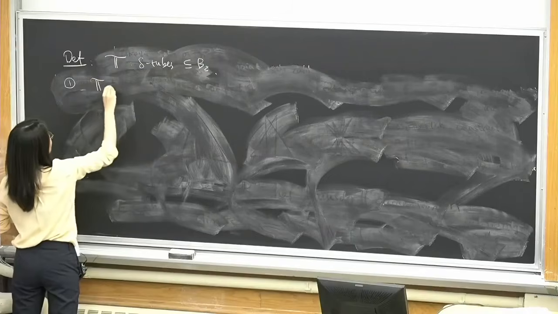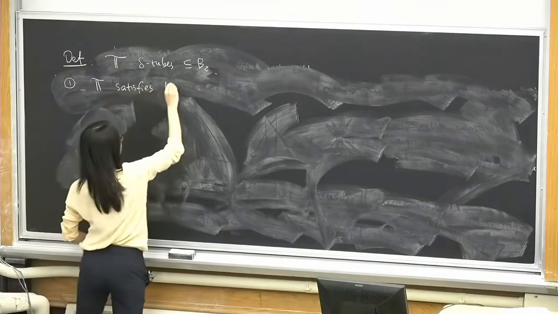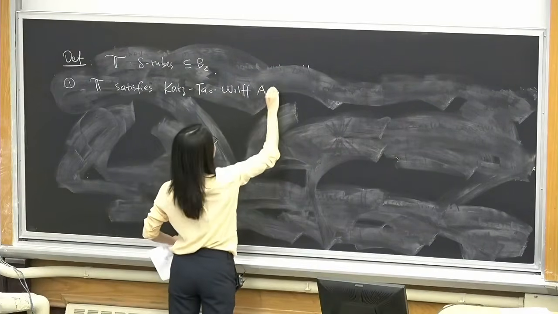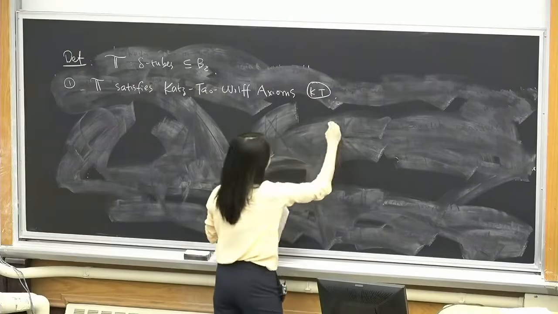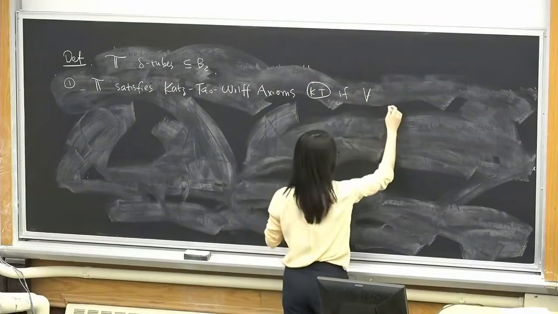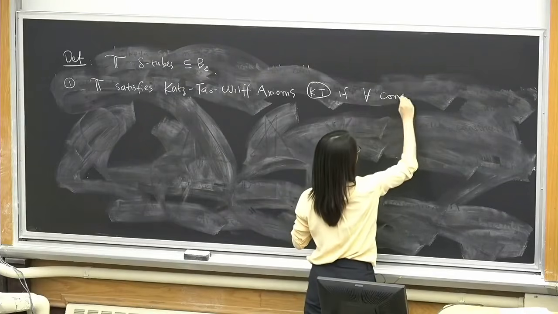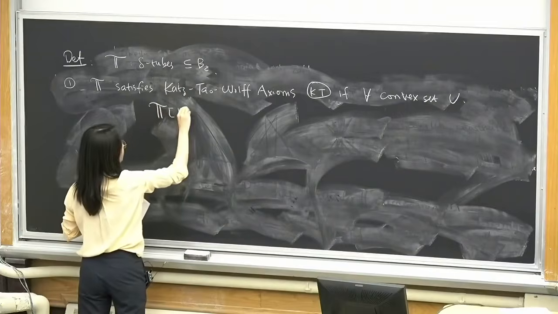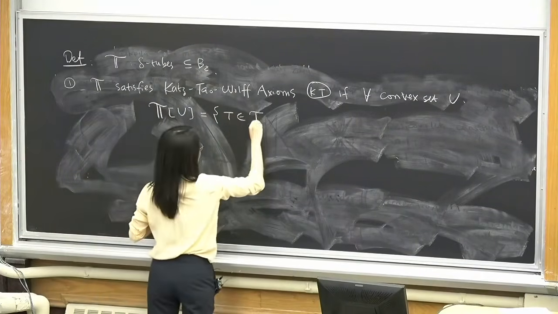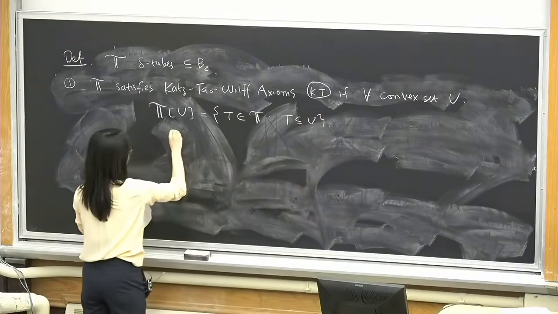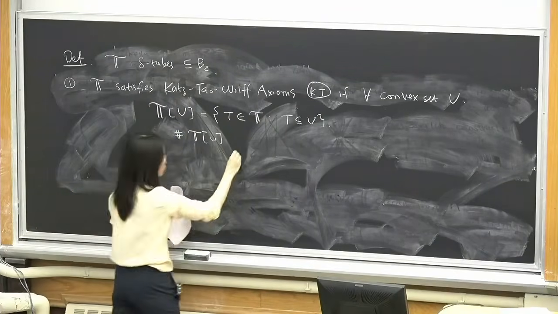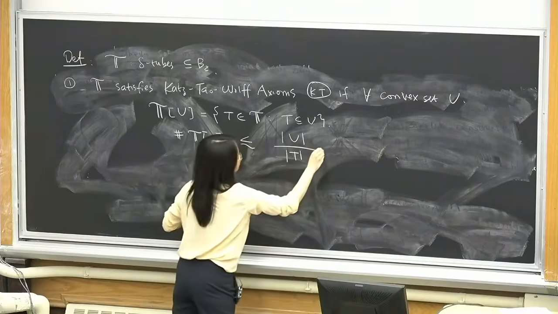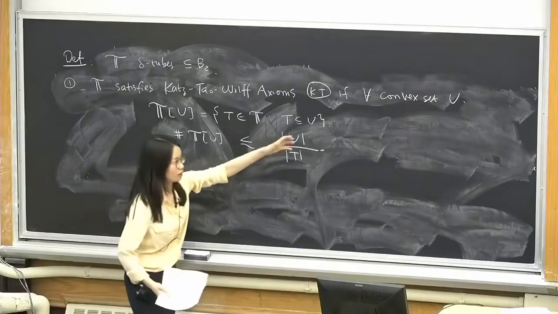Then we say that T satisfies the Kakeya-Wolf axiom, if for any convex set, we should really think of those as rectangular boxes, we use the notation T bracket U as the set of tubes contained in U, we have the number of tubes contained in U is less than some constant times the volume of U divided by the volume of T. So this means that there are not too many tubes contained in any convex set.